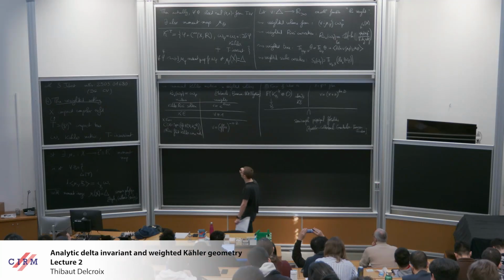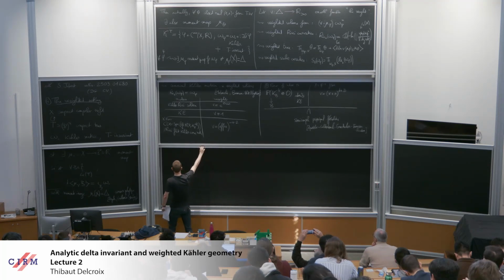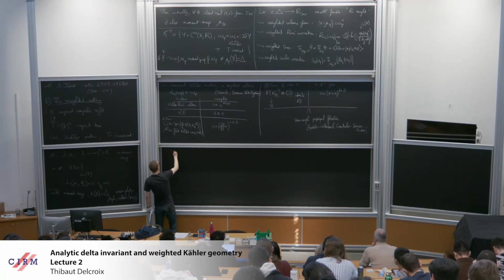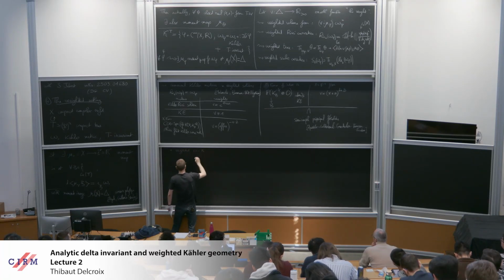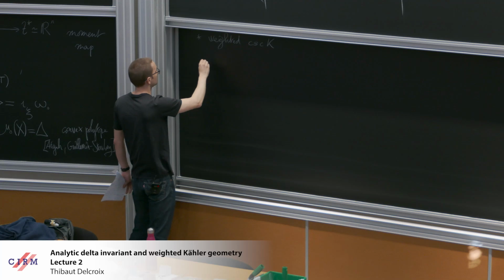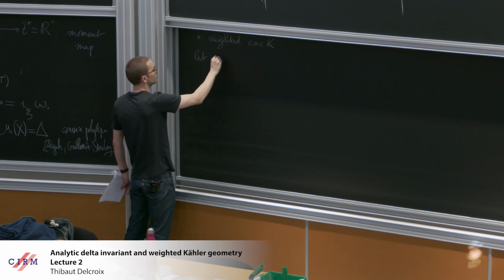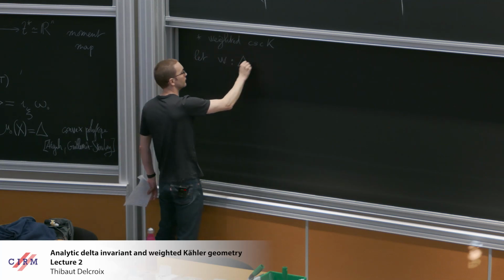So that was for solitons, and then there's as well weighted cscK metrics. So now I have to consider another function defined on the polytope.